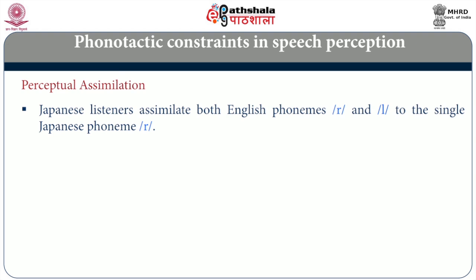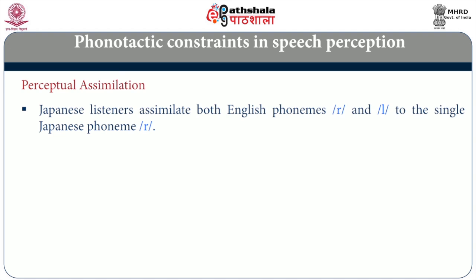But there are also phonotactic constraints which influence speech perception. There is perceptual assimilation. You may have heard that Japanese listeners and speakers don't make a distinction between r and l. To them, when somebody is saying r and l, they have only one percept, right?